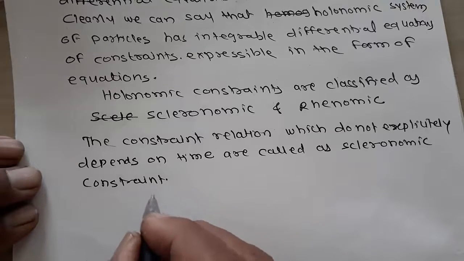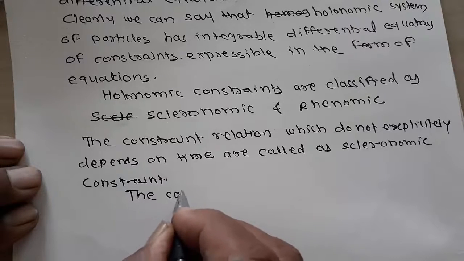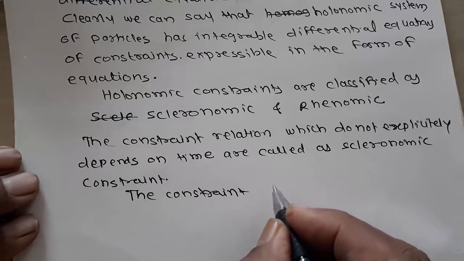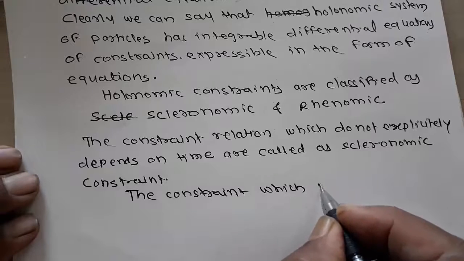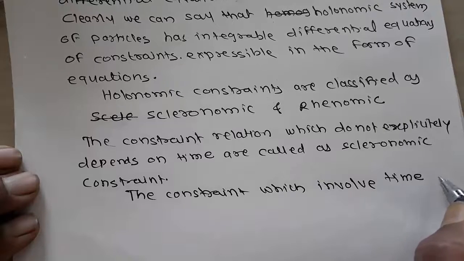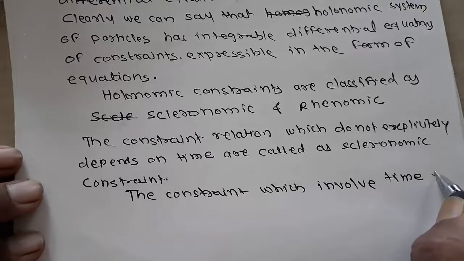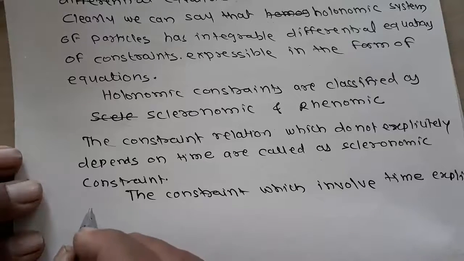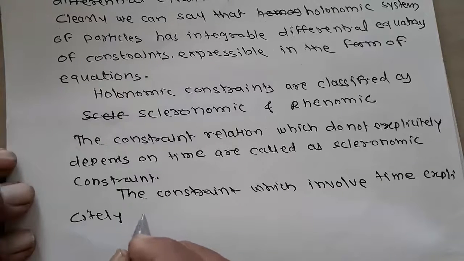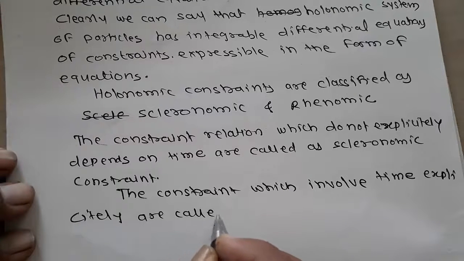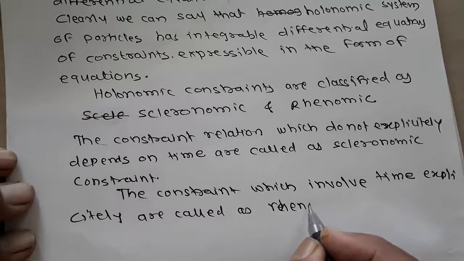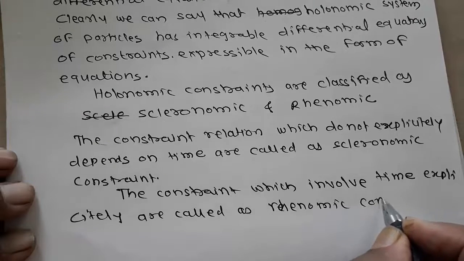And the constraints which involve time explicitly are called rheonomic constraints.